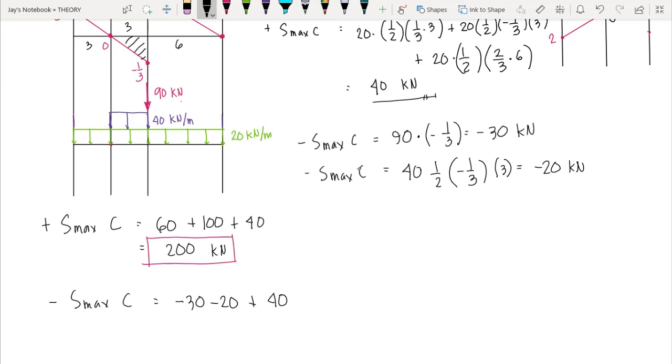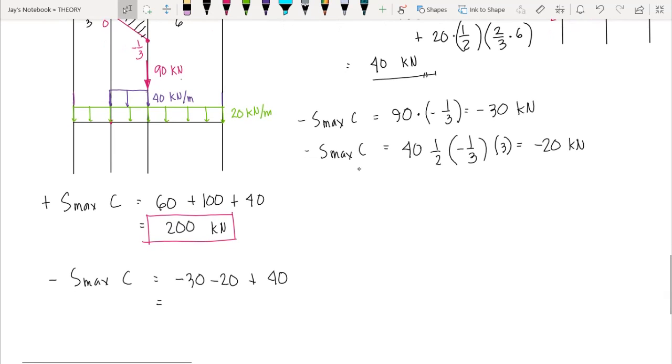So that means the negative maximum shear at C is equal to negative 10 kilonewton. So this one is our answer. Okay? So this is the maximum negative shear at point C due to the loads that we have.